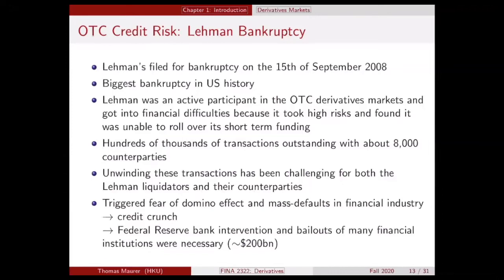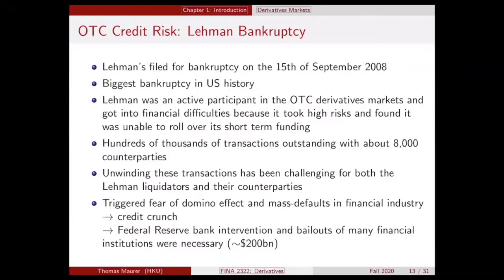So they were very big, they were very prestigious, and they really employed the smartest people in finance. Okay, so if you got a job offer from Lehman Brothers, you could be very proud, and it's very similar to getting a job offer nowadays from, say, Goldman Sachs. And Lehman Brothers went bankrupt on September 15th in 2008, and it was one of the biggest bankruptcies in US history, if not the biggest bankruptcy.